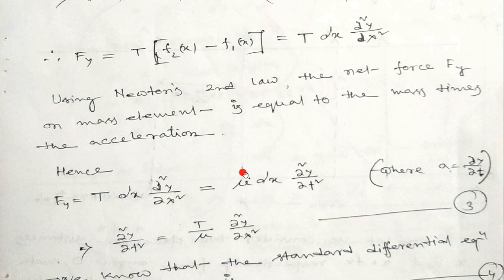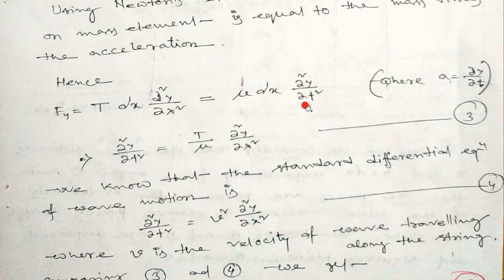So, mass of the elemental length is mu delta x and del 2y del t square is the acceleration of the elemental length of the string. So, F equal to ma. So, rearranging this equation, we obtain del 2y del t square equal to T by mu del 2y del x square.